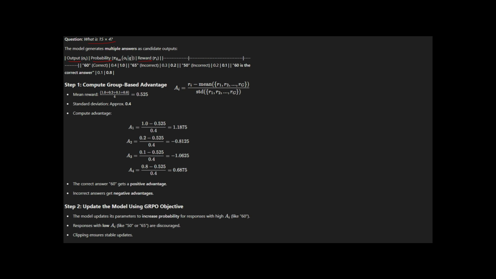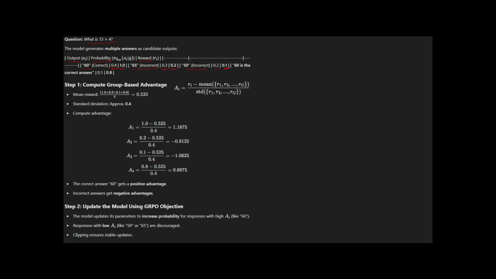We can see the first output, 60, and the probability score is 0.4 and the reward is 1.0. The second output is 65, which is incorrect, and the probability score is 0.3 and the reward score is 0.2. The third output is 50, and the probability score is 0.2 and the reward is 0.1.